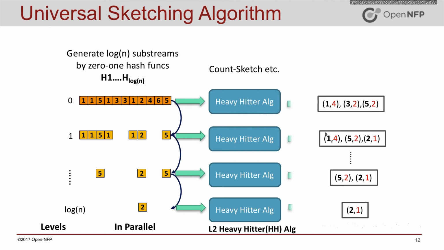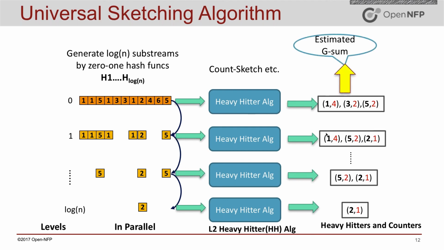Having kept these counters, we report at every level the heavy hitters and the counters. Then a very simple algorithm can estimate the G-sum on top of the sketches you're keeping at every level. Think of it like having a Bloom filter at every level, which is also keeping counts, and I'm merging these Bloom filters to estimate the G-sum after the fact.